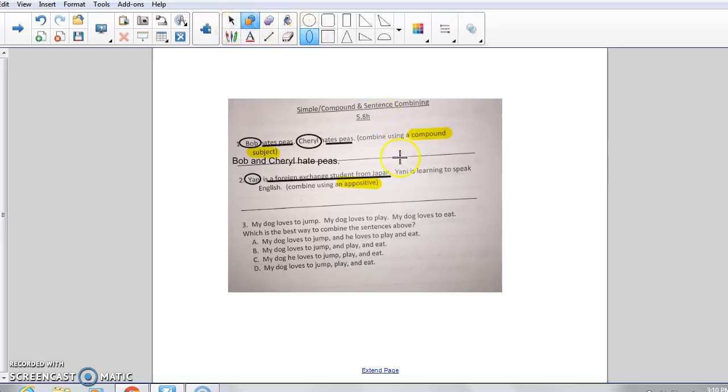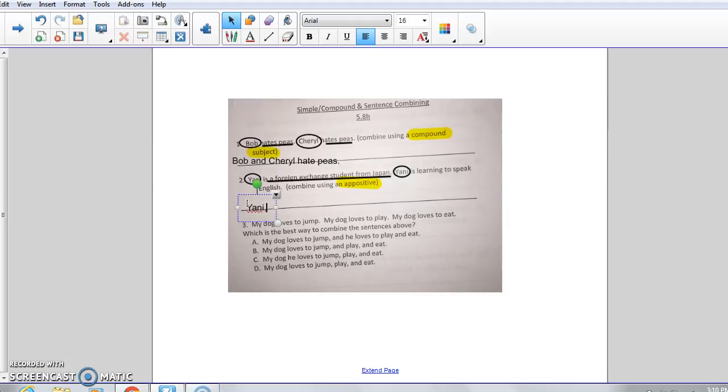Then they also gave us a little more information. Yanni is learning to speak English. So the way to combine this with an appositive, we would start with our subject, Yanni. Then we have to put commas around our appositive phrase that tells about Yanni.